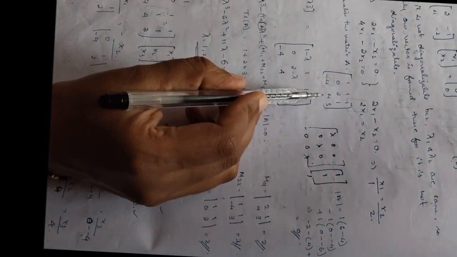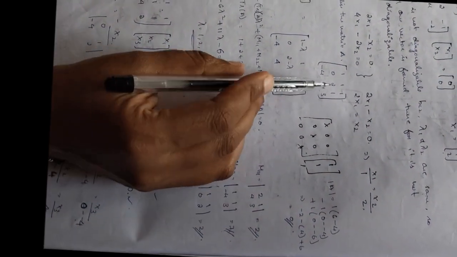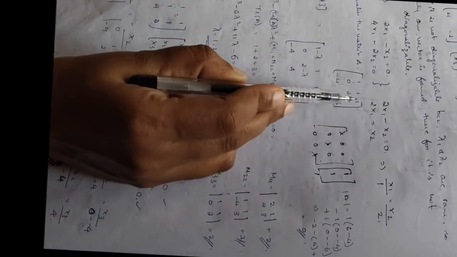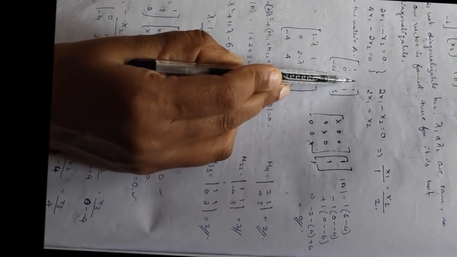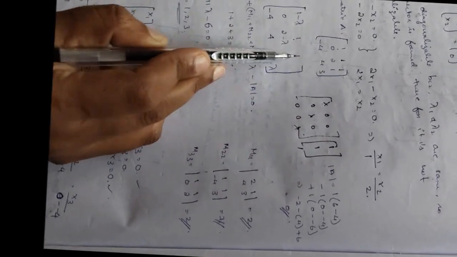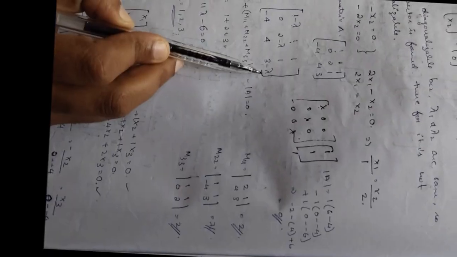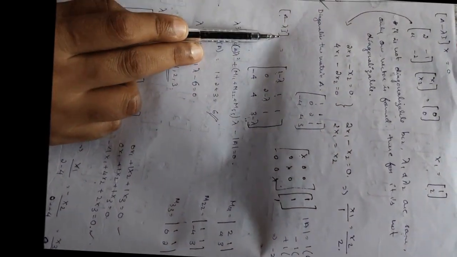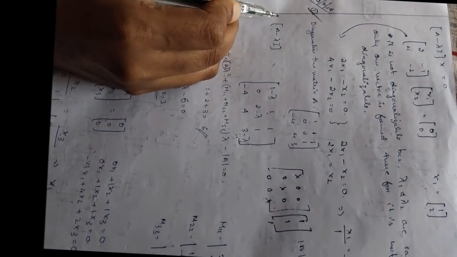So A minus lambda I has the diagonal elements changed to 1 minus lambda, 2 minus lambda and 3 minus lambda. All other elements will be the same. So the first step is to find A minus lambda I.